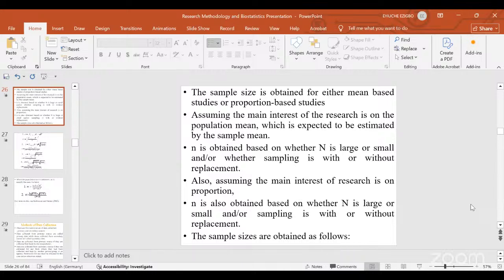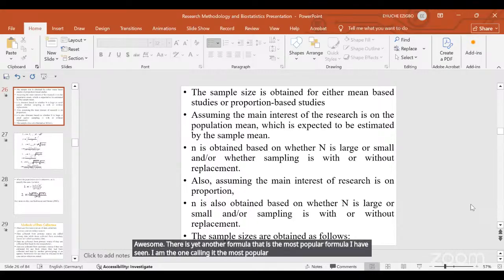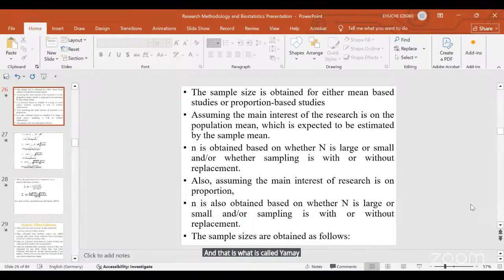Then, after that, there is yet another formula that is the most popular formula I have seen. I am the one calling it the most popular formula, especially in social surveys. And that is what is called the Yamane formula. The Yamane formula for determination of sample size is very popular among social surveys.